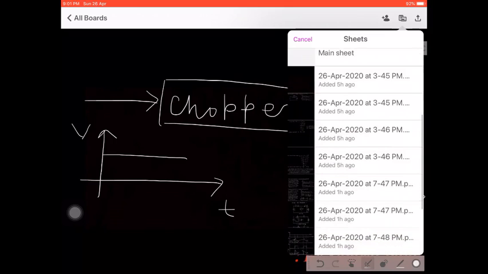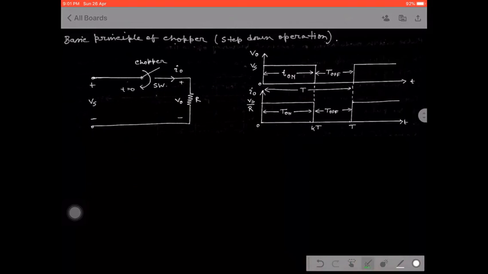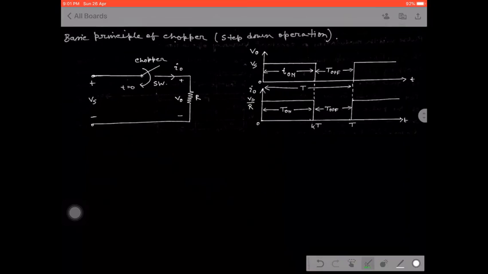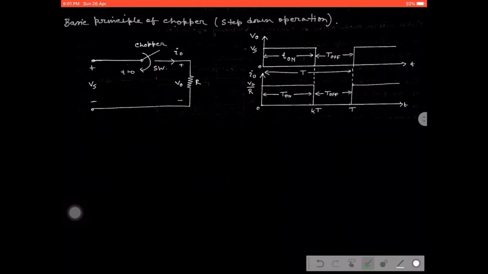So this is the circuit diagram of the step down chopper, through which the basic principle is explained. Here we are using a chopper circuit in which we have applied one switch, suppose a thyristor, and a resistive load. It can be a resistive load as well as an RL or RLE load. Any type of load can be applied to the chopper circuit.